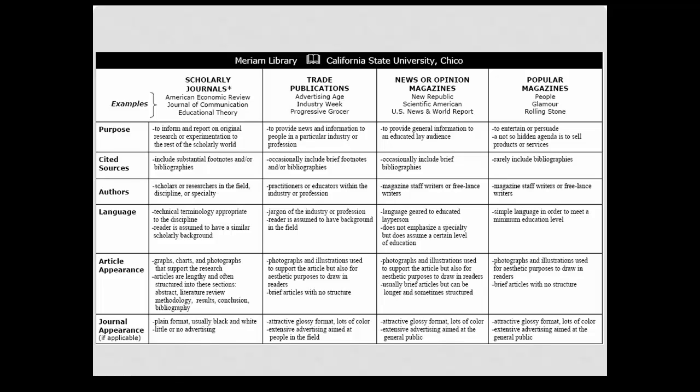Their language does not assume any particular level of background on the part of the reader. They include many more photographs than scholarly articles. They may include simple graphs or charts, but these will not be as precise as graphs and charts presented in scholarly articles. They do not follow any set structure, and in terms of appearance, they are much more glossy and visual than most scholarly articles.